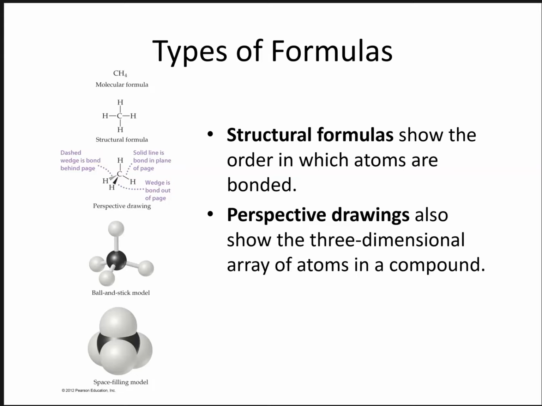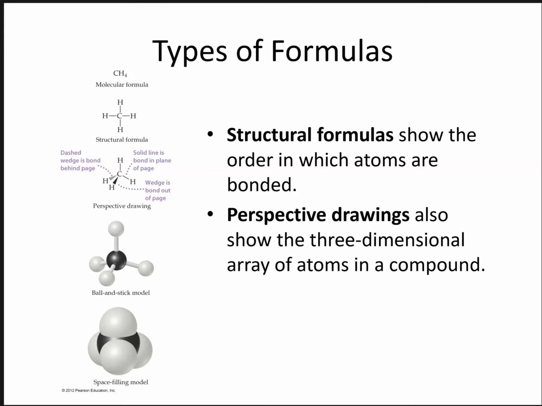We have a perspective drawing, which is a way in which we show how atoms are attached to each other and represent the varying trajectories of those atoms in three-dimensional space. We have the ball and stick model, which is a slightly more graduated form of the perspective drawing, where we use different size balls to represent atoms, and the sticks between those balls represent the chemical bonds.